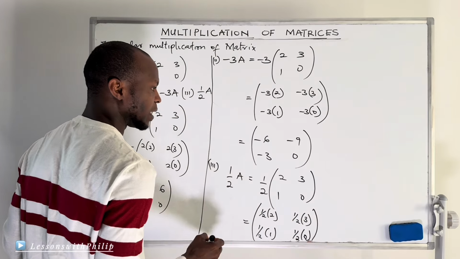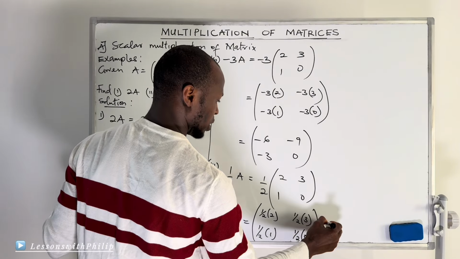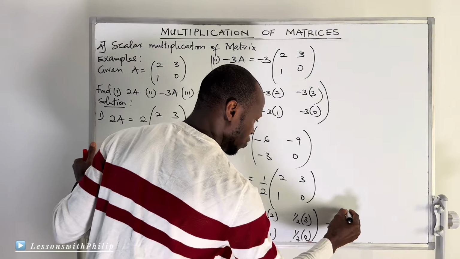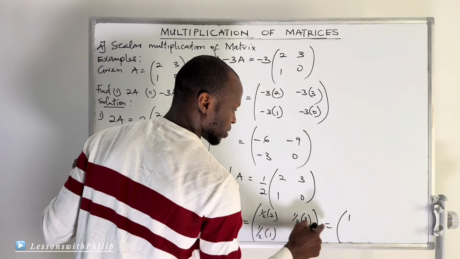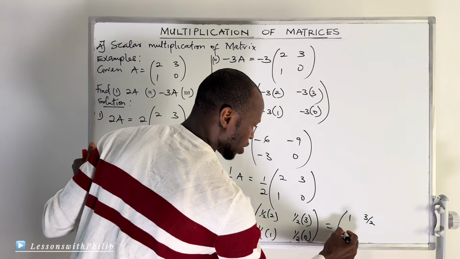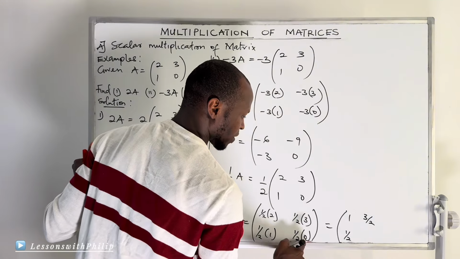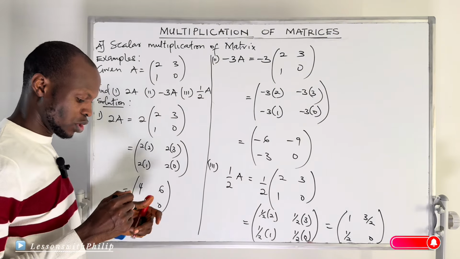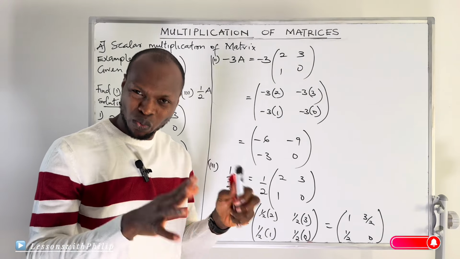Okay? And this will now be equal to, half times 2 will give me 1. Half times 3 will give me 3 over 2. Half times 1 will give me half, and half times 0 will give me 0. Okay? That is the way to multiply a matrix with a scalar.